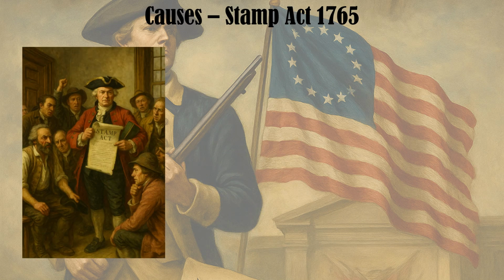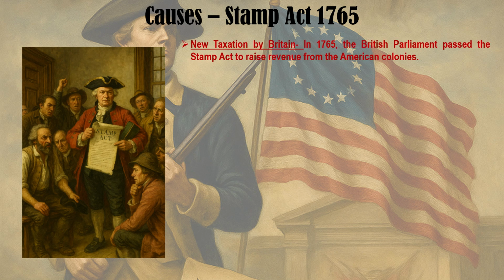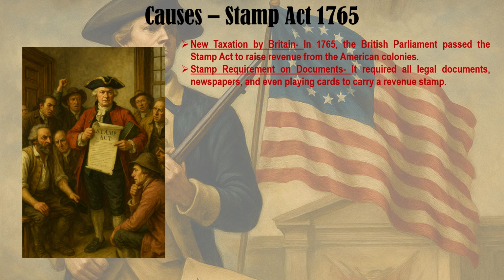Now there was an incident called the Stamp Act in 1765. What was the Stamp Act? In 1765, the British Parliament passed the Stamp Act to raise revenue from the American colonies. So, this was a law made by the British Parliament in Britain to extract money from the Americans. What was the law?